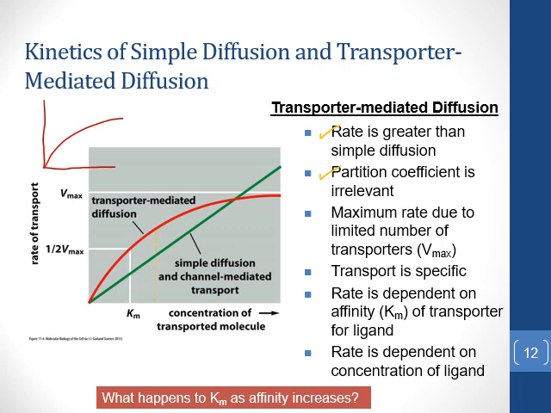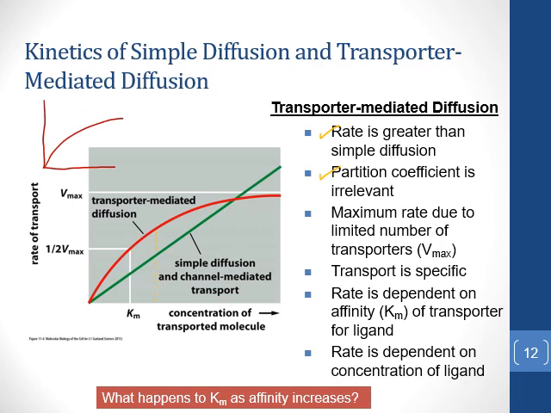The rate is not linear here. There's a maximum rate, and that's due to a limited number of transporters. In other words, if you rely on a transporter to move a molecule across the membrane, once those transporters are saturated, you can't move things anymore. You can't increase the rate.